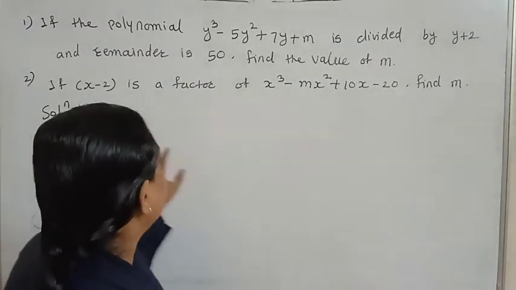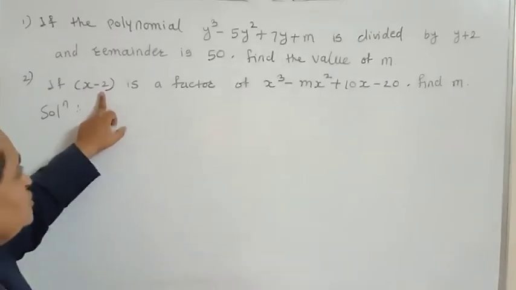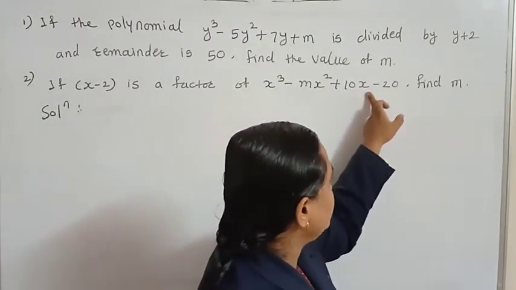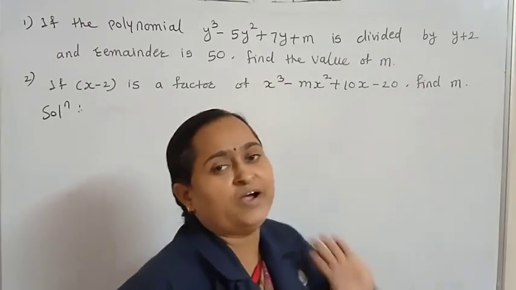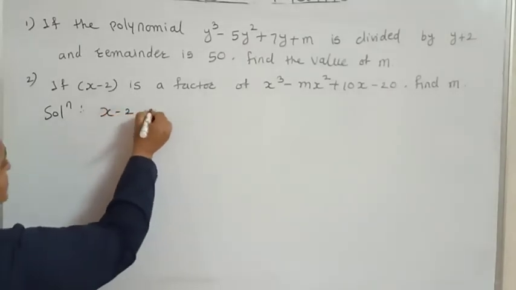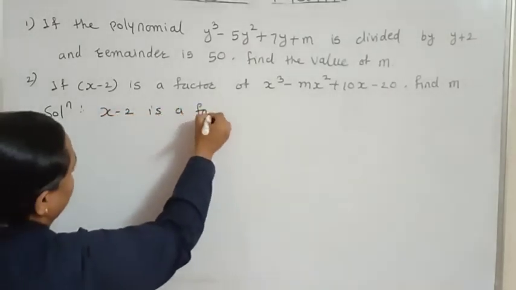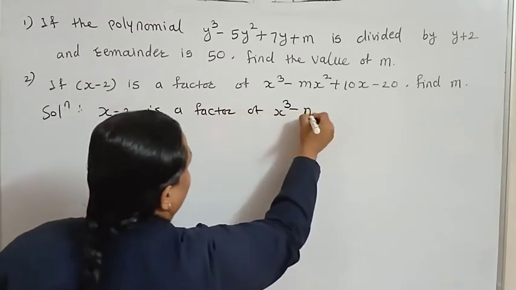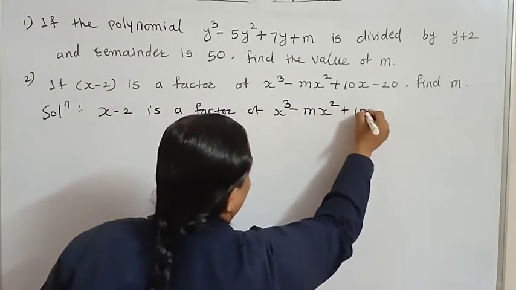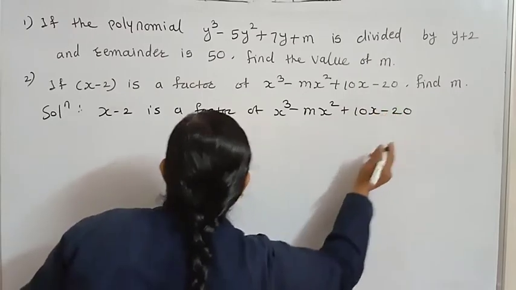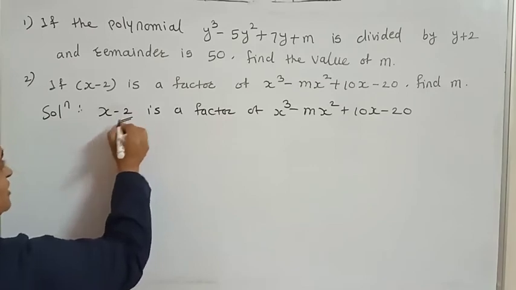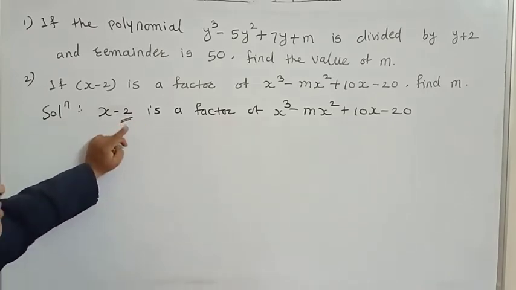Now see the example. First example: if x minus 2 is a factor of x cube minus mx square plus 10x minus 20, then find the value of m. Solution: x minus 2 is a factor of x cube minus mx square plus 10x minus 20. Now see here, x minus 2 means what we have to substitute there? The opposite number of minus 2.